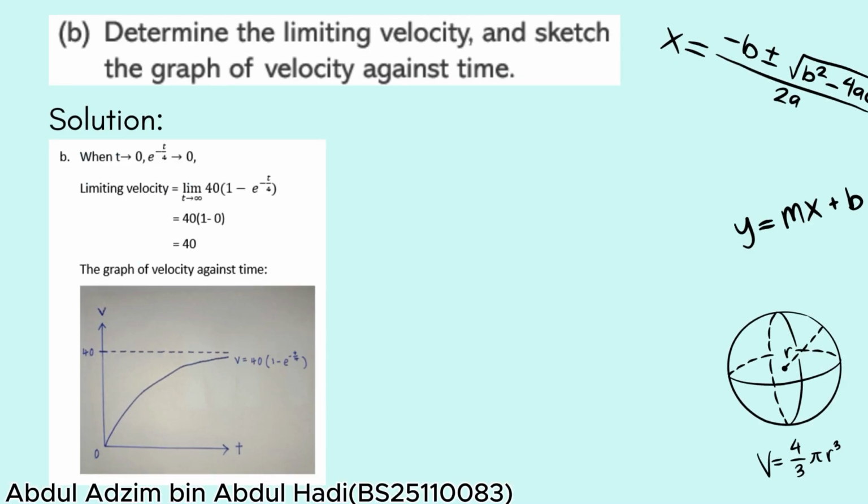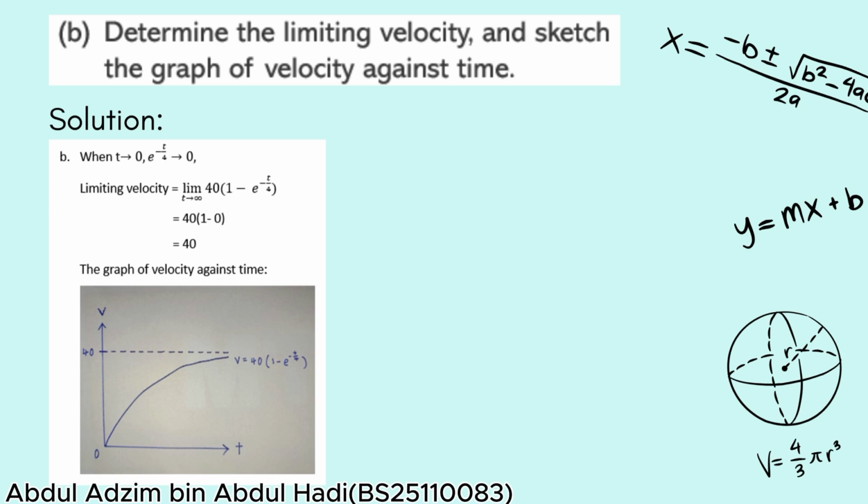For part B, we determine the limiting velocity and sketch the graph of velocity against time. When t approaches infinity, we can identify that e to the power of negative t over 4 approaches 0. So for the limiting velocity, using the equation we got earlier in part A, we take the limit as t approaches infinity in the equation 4t times 1 minus e to the power of negative t over 4.